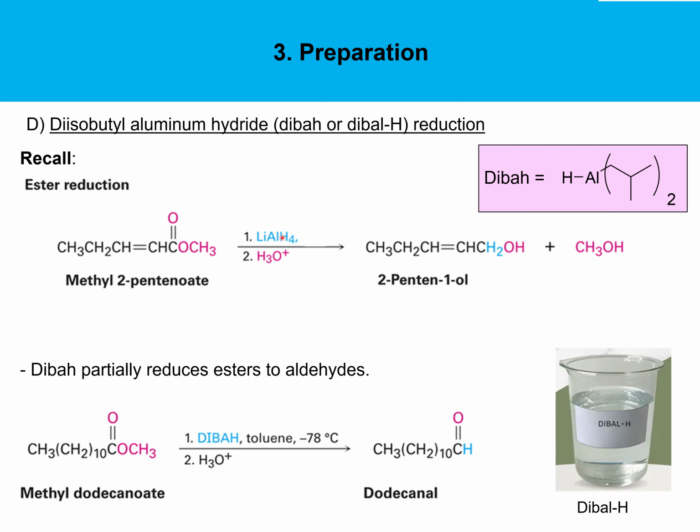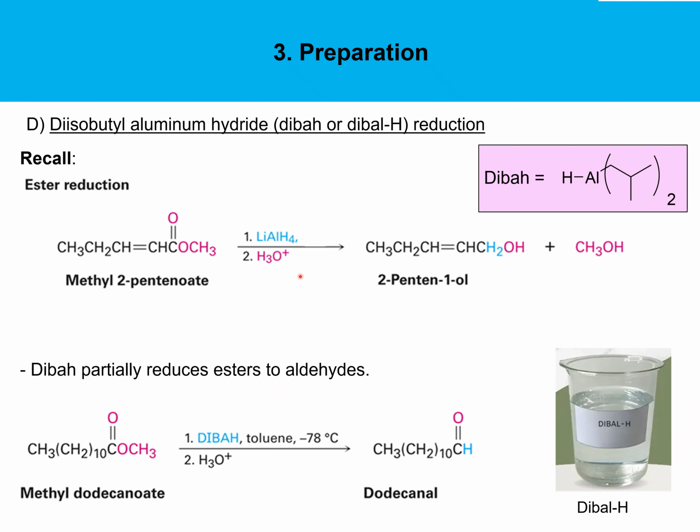Initially, the hydride will attack the carbonyl, and then once the carbonyl is reformed by expelling this OCH3, or the methoxy group, we end up with an aldehyde intermediate. The aldehyde intermediate is reduced again with lithium aluminum hydride into this primary alcohol.